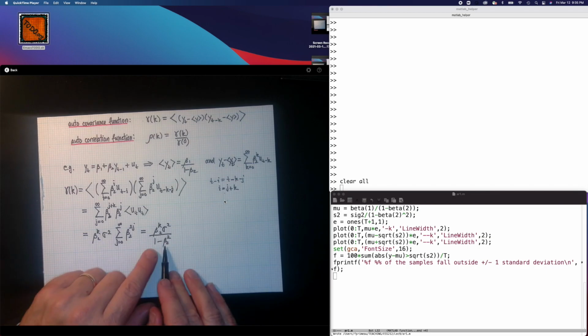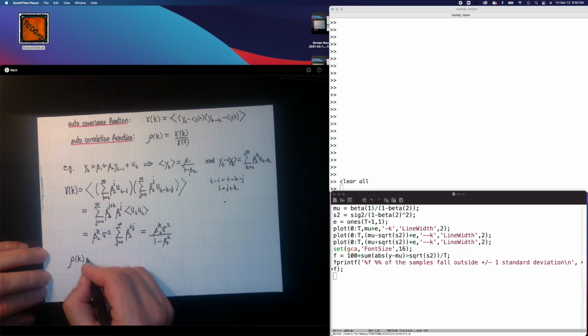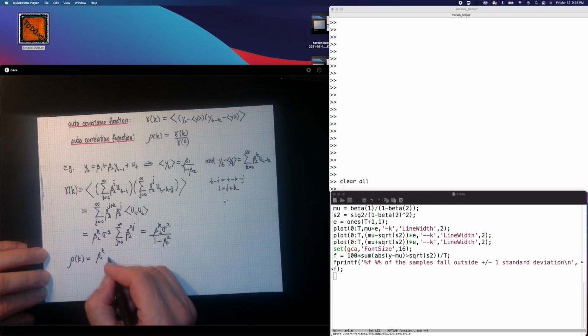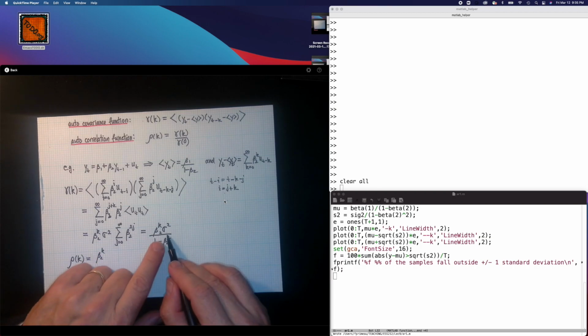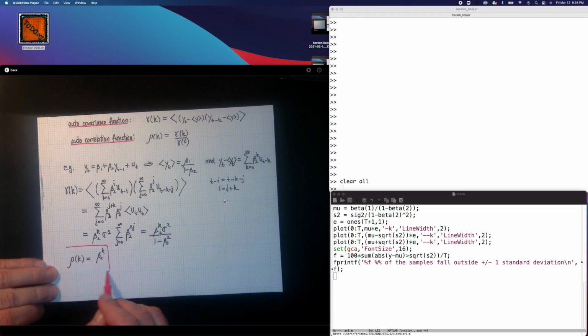This infinite series just sums to 1 over 1 minus beta 2 squared. And so the autocorrelation function will be, because the lag 0 is just sigma squared over 1 minus beta 2 squared.